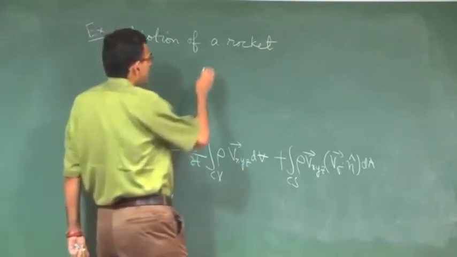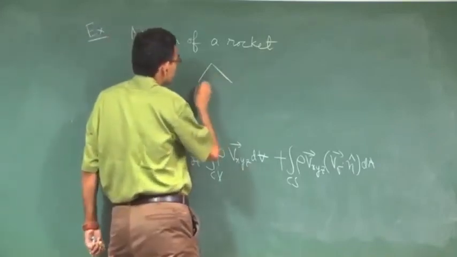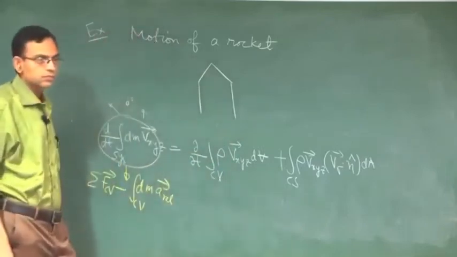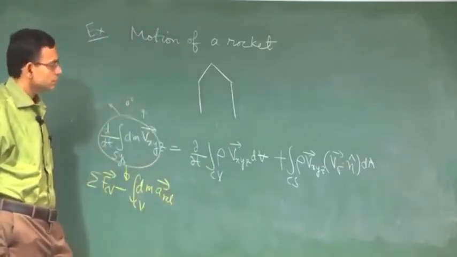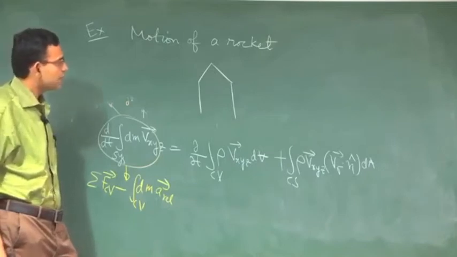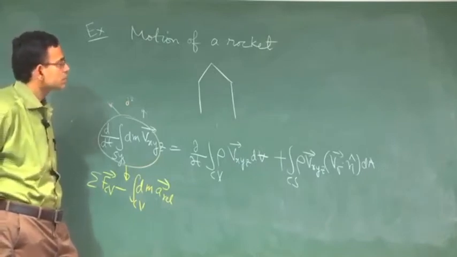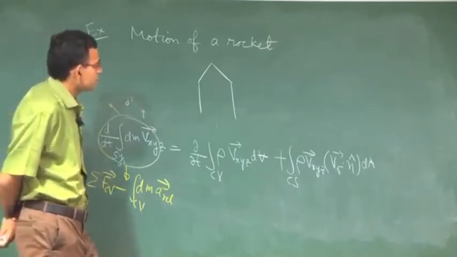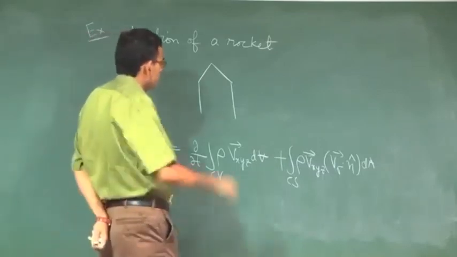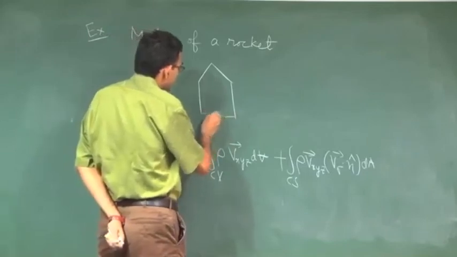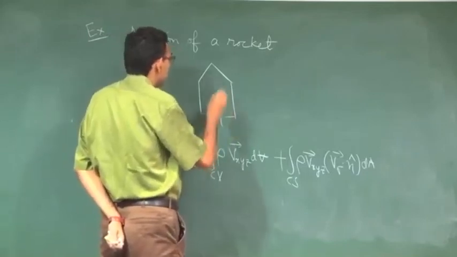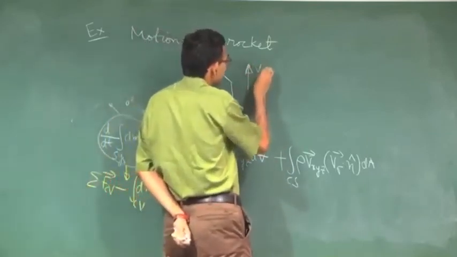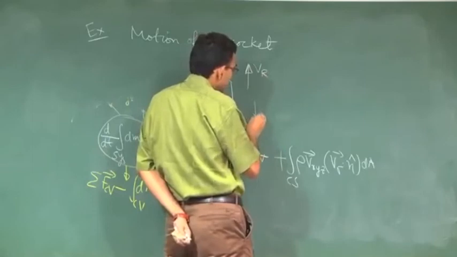Let us say that there is a rocket represented by the schematic. This is the direction in which the rocket is moving, and this is the direction of gravity.